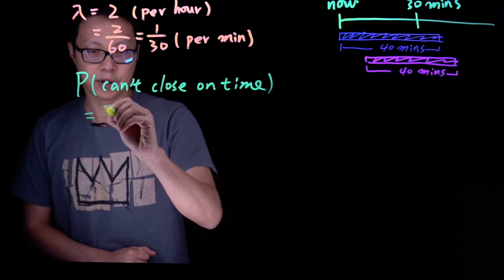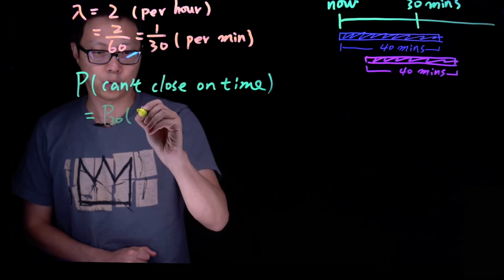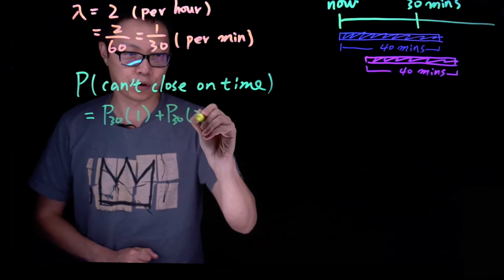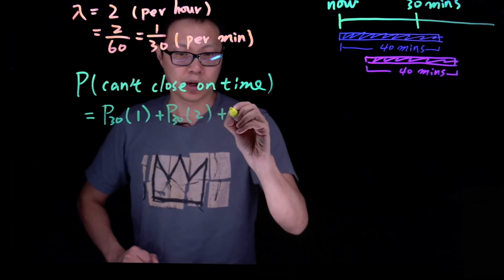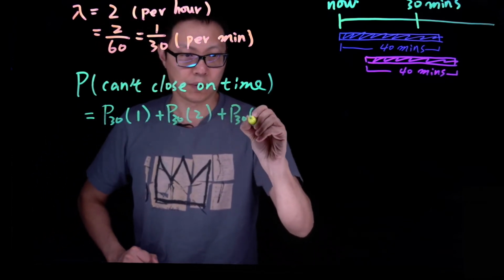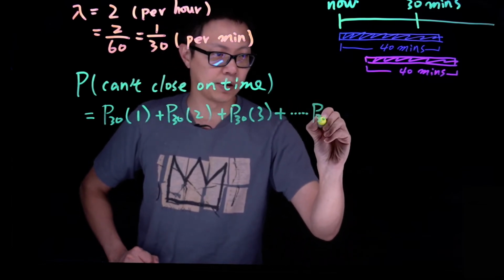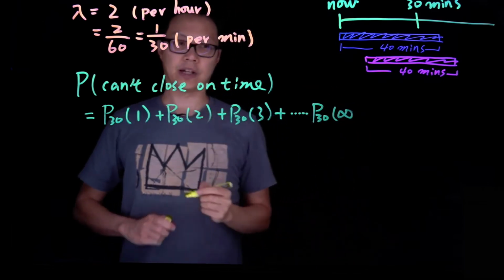So it will be P30 of 0 plus P30 of 1, P30 of 2, P30 of 3, and even P30 of infinity. Okay?